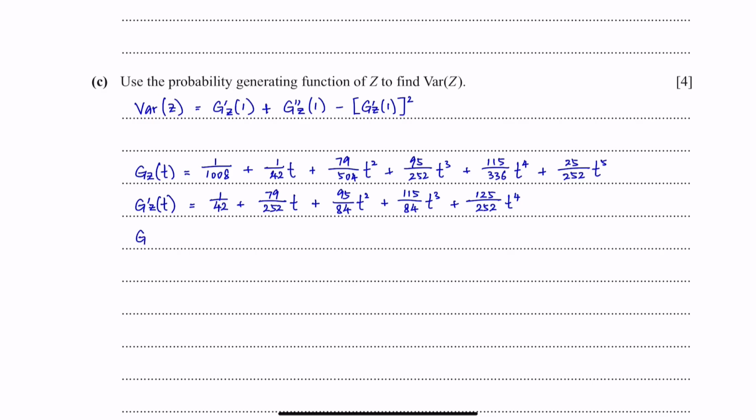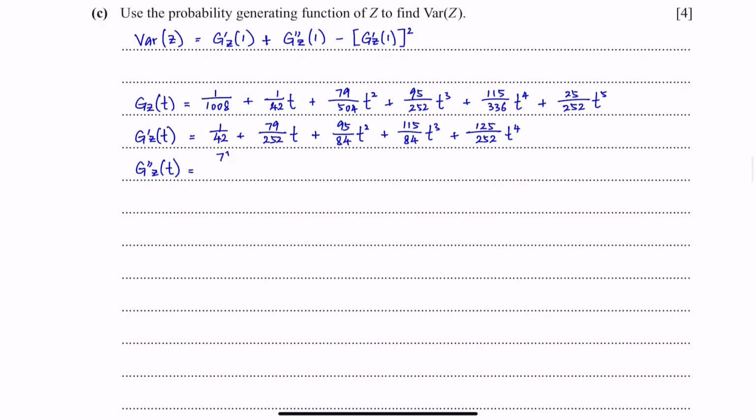And to find G prime prime of t, we differentiate this expression again. So we have 79 over 252 plus 95 over 42 t plus 115 over 28 t squared plus 125 over 63 t cubed.